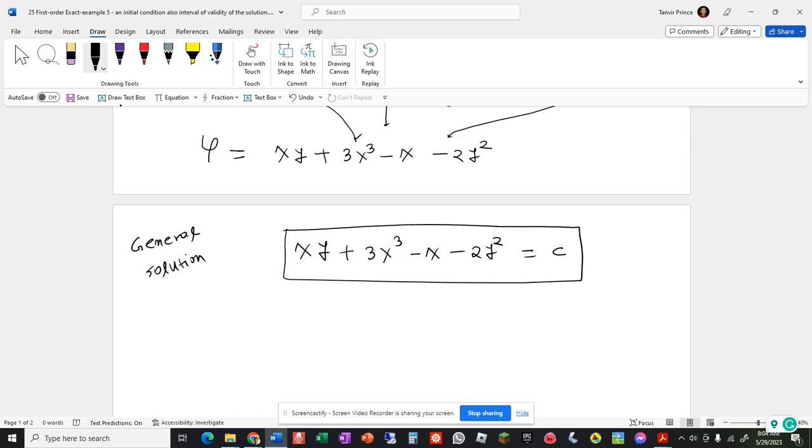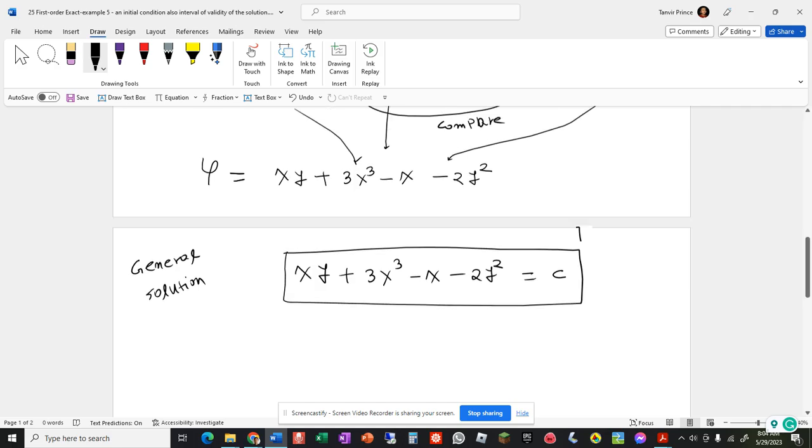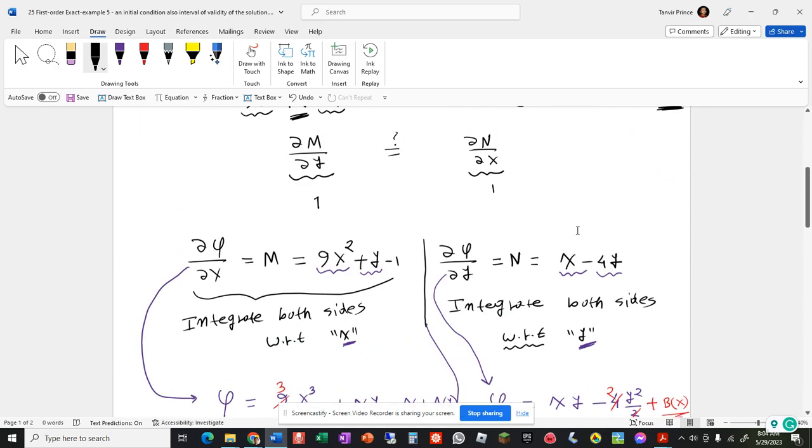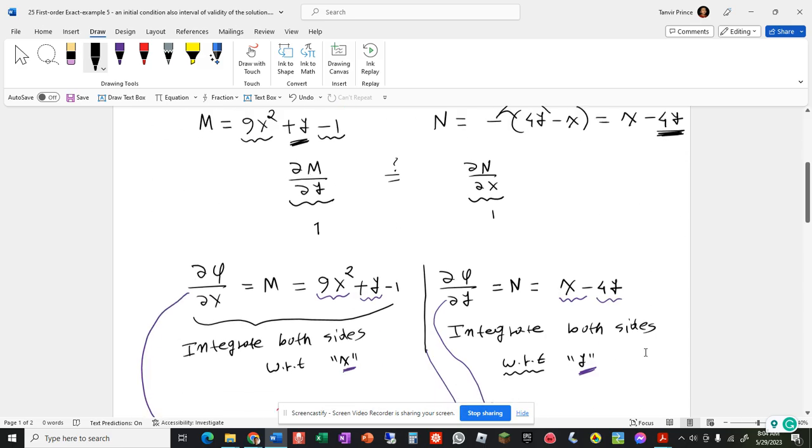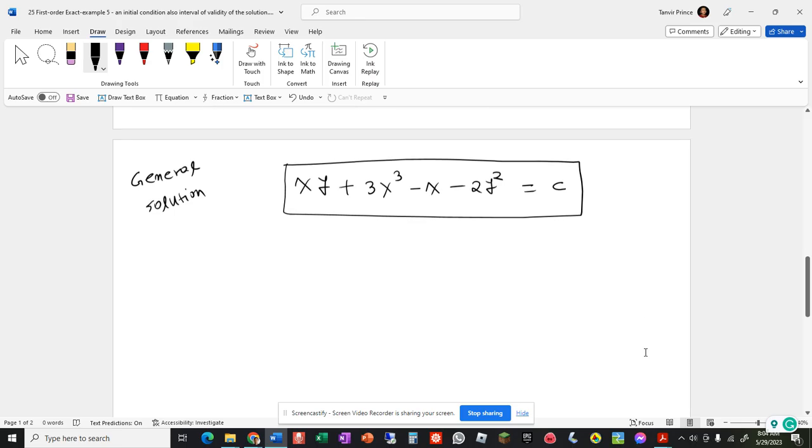We have an initial condition. So let's look at the initial condition. My initial condition is y of 1 equal to 0. So let's do that. y of 1 equal to 0.